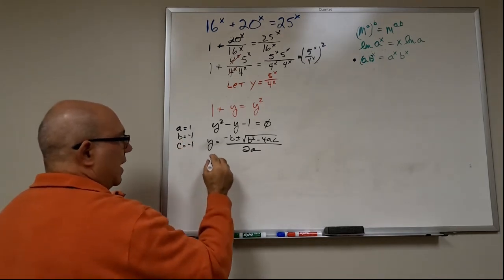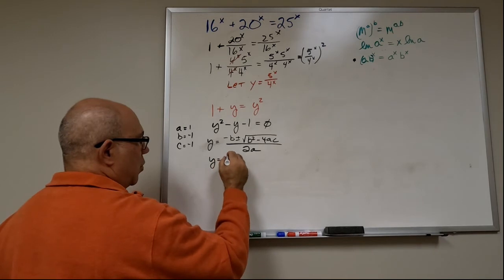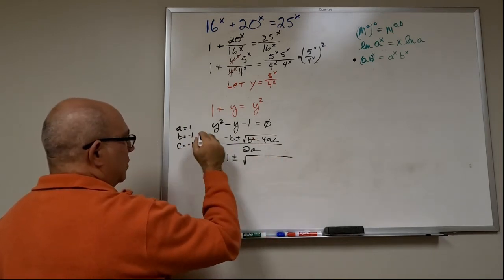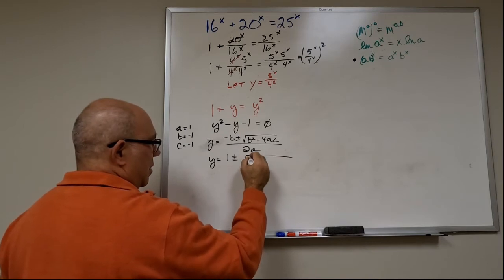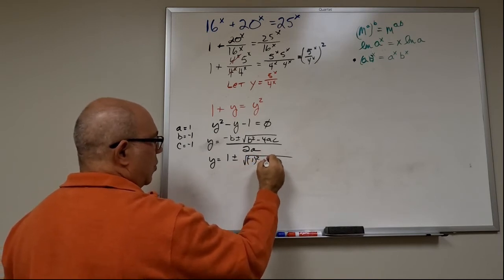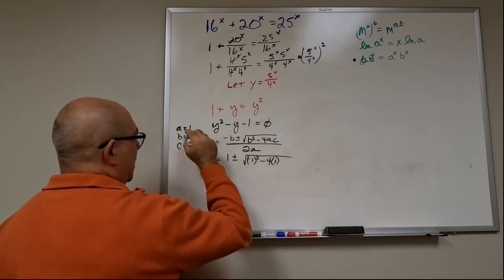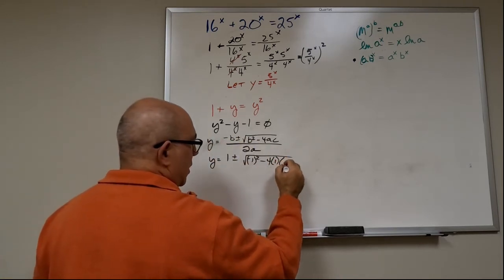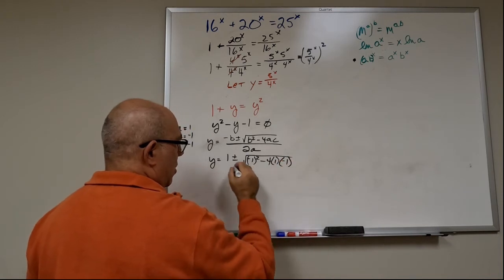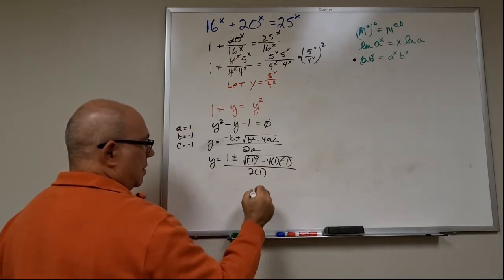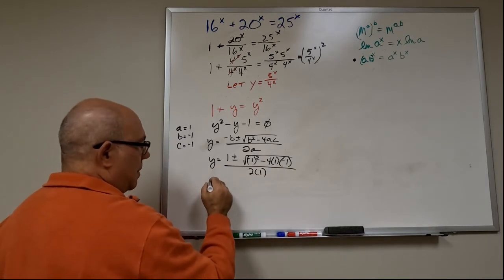So substituting that in, we get y equals 1 plus or minus the square root of minus 1 squared, minus 4 times a, which is 1, times c, which is minus 1, all over 2a, which is 2 times 1.